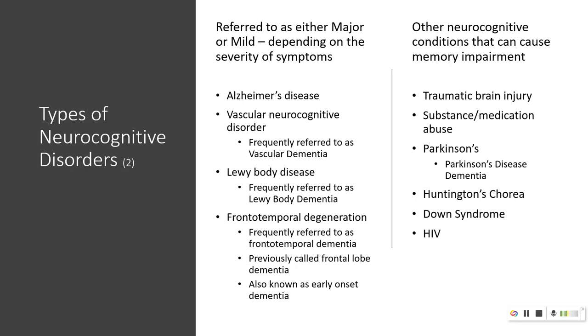Down syndrome, I think at one point in time they had identified that if it's a trisomy 13 that causes Down syndrome, that can be a marker for memory impairment. And then someone with HIV. So these are just a few of the other neurocognitive disorders that are in the DSM-5, but we're not going to spend a lot of time on those. Just be aware that there are some other disorders that can cause some dementia and some memory impairment.